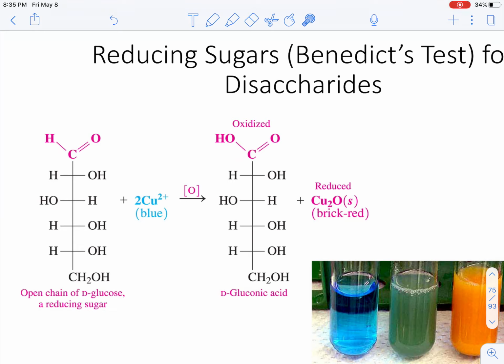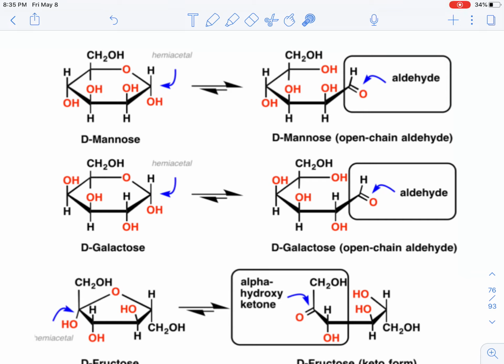And so the mechanism of this reaction is, well, I'm not going to show you the entire mechanism, but if you guys recall, the cyclic compound is the most thermodynamically stable conformation for a carbohydrate. And so this is your hemiacetal, this is your anomeric carbon.